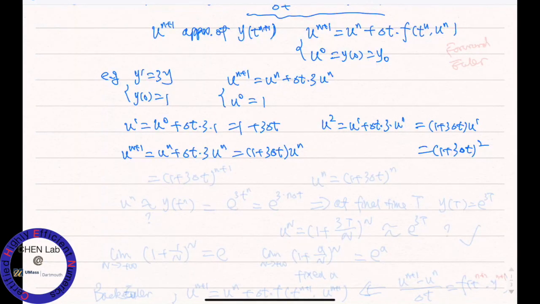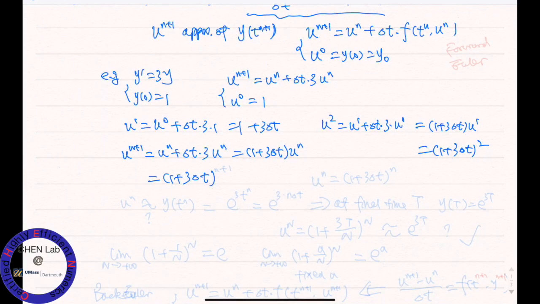The next guy is the previous guy times 1 plus 3 delta t. Can you tell this then becomes 1 times 1 plus 3 delta t to what power?